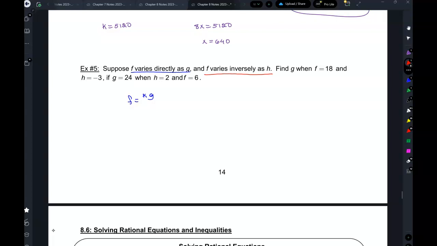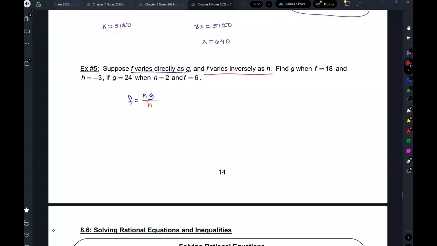That means f is k over h. So that's how they all combine. Take a look at the blue. f varies directly as g. That's what we were doing. f varies inversely as h. That's k over h. Combining together, that's what it looks like.